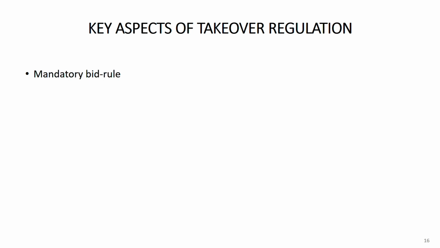I might dominate over you. I might mistreat you. I might not treat you equally. So to protect the minority shareholders, they have a chance to sell out their remaining shares to the majority shareholders. So they are protected. They will get a fair price. So that is known as the mandatory bid rule.